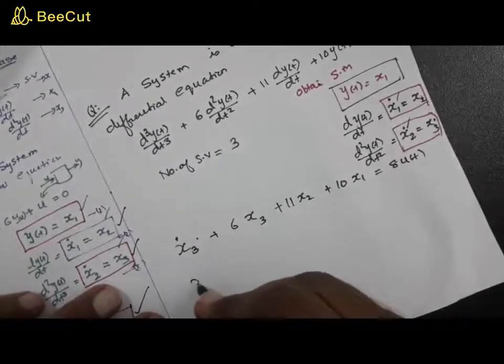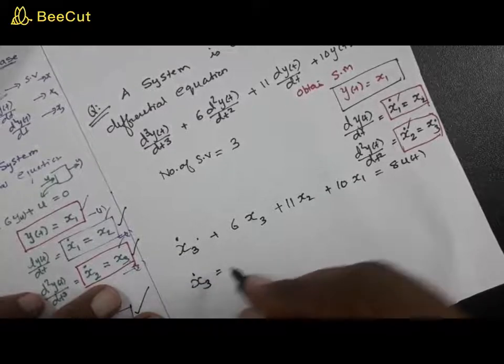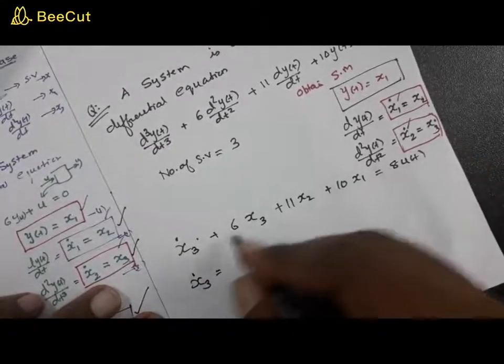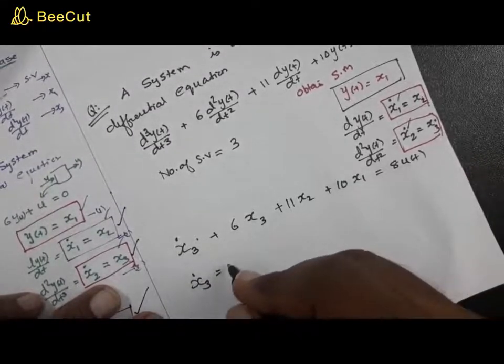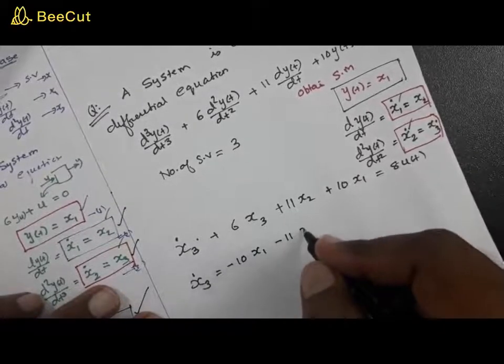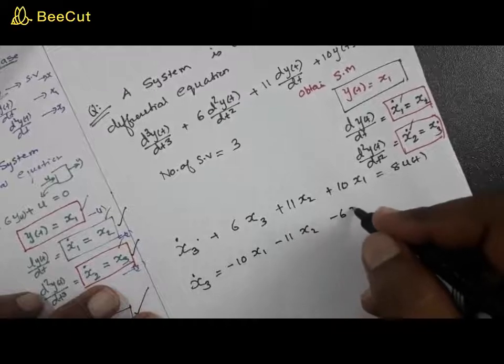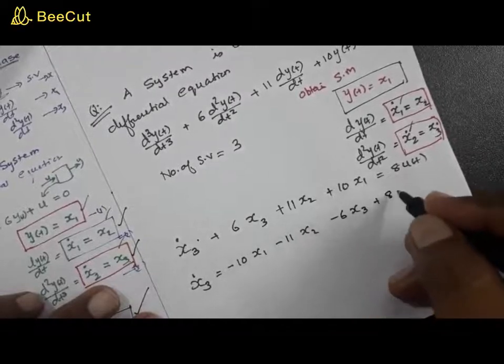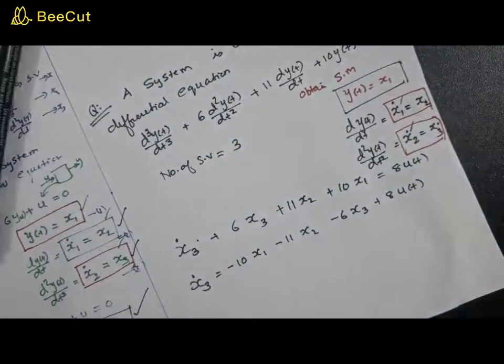So your x3 dot will be equal to, bringing all these terms to the other side, minus 10x1 minus 11x2 minus 6x3 plus 8 u of t. Okay, so that is your x3 dot.